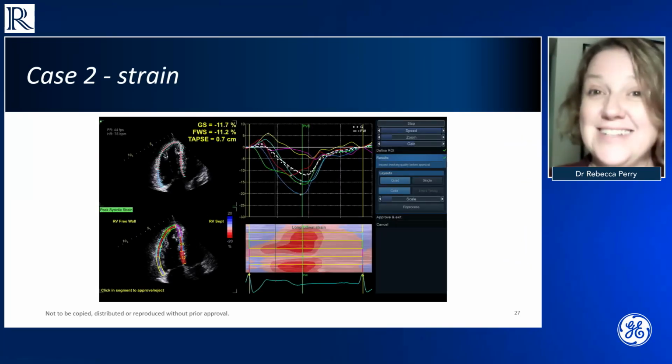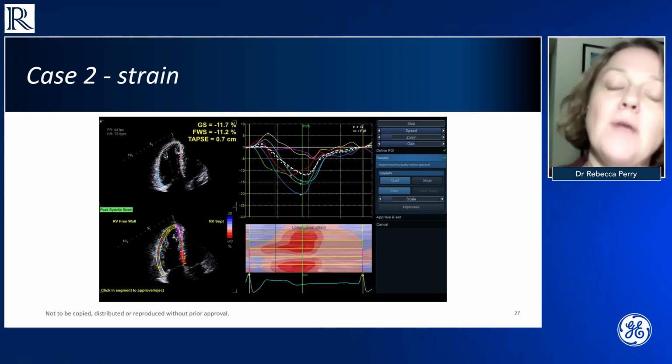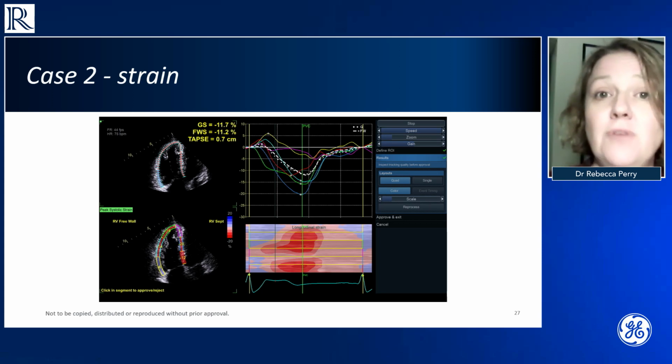Well, right ventricular strain, because it's a talk on right ventricular strain. You can see that his right ventricular free wall strain is around minus 12%. Now, this is actually an improvement for this patient. So we've tracked this patient for a long time, actually, and this is how we've tracked his right ventricular function, using right ventricular strain, because it's the most reproducible parameter that we've been able to use.